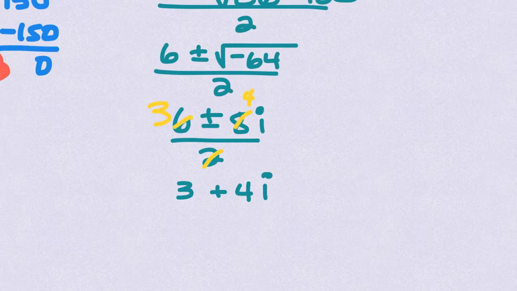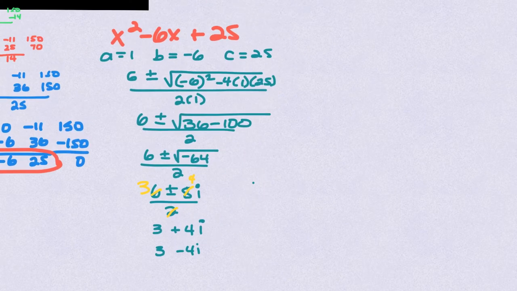So this is 3 plus 4i and 3 minus 4i. Those would be your additional 2 roots.